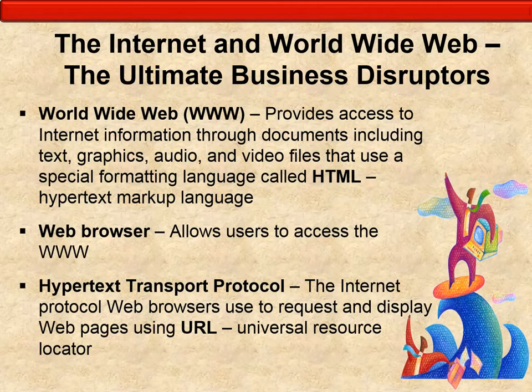But if it says HTTPS, that S denotes that that website is a secured website, and in theory, it is safe for you to put your information in and it be protected.